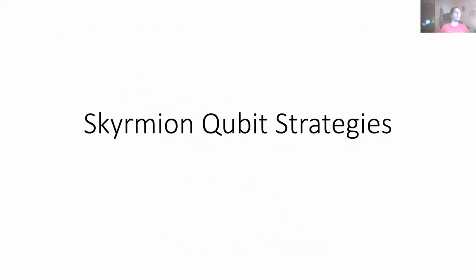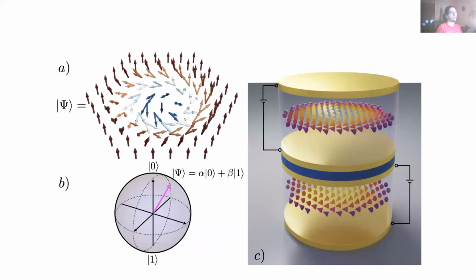Okay, Skyrmion qubit strategies. This is the suggested physical mechanism in the paper, which is basically made of two layers separated with a non-magnetic layer, and two Skyrmions with different helicities are between these sandwiches.